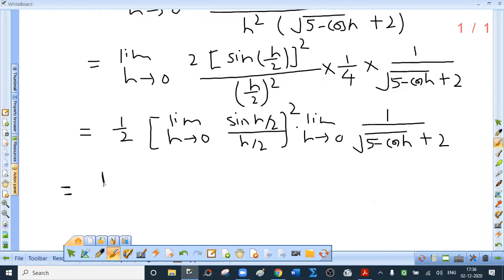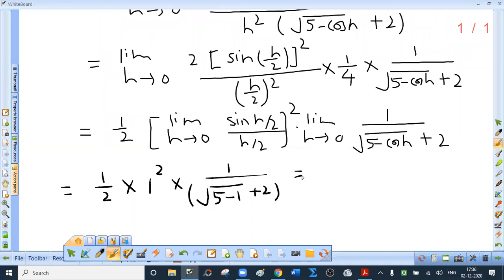Now we are in a position to take the limit. To take the limit means use the standard trigonometric limit, and in the second case, replace every h by 0. What is cos 0? 1. So this is 1 by 2 into 1 upon 2 plus 2. So 1 upon 8. 1 upon 8 is the answer.